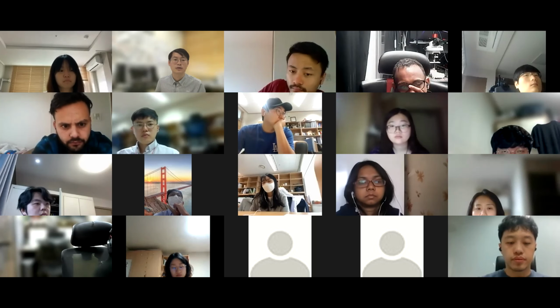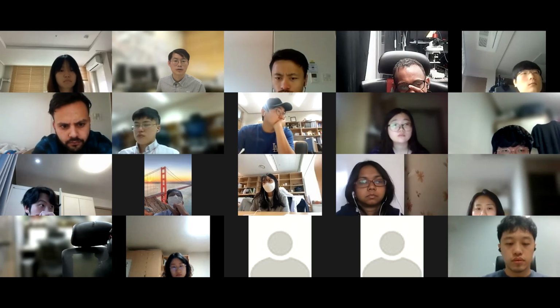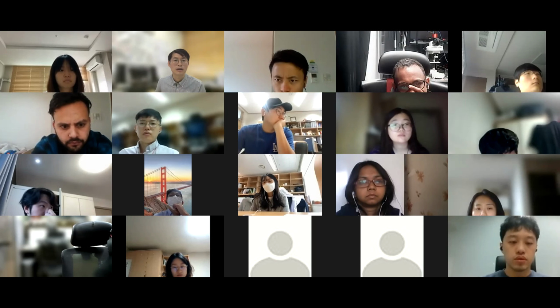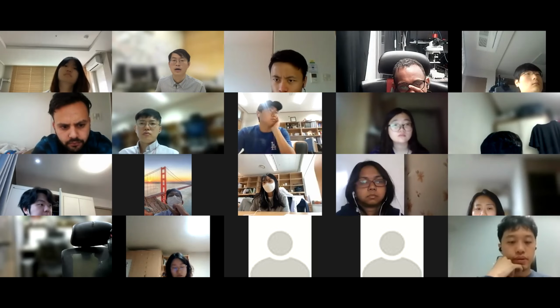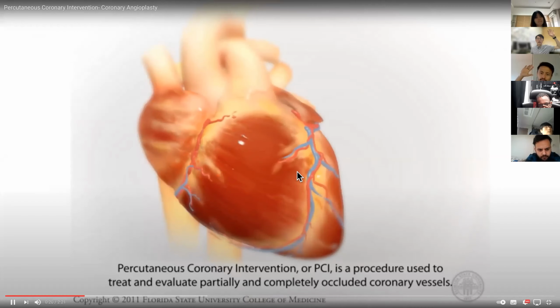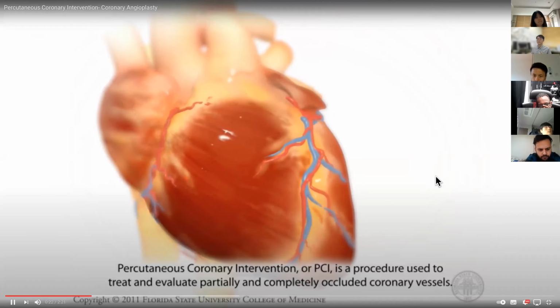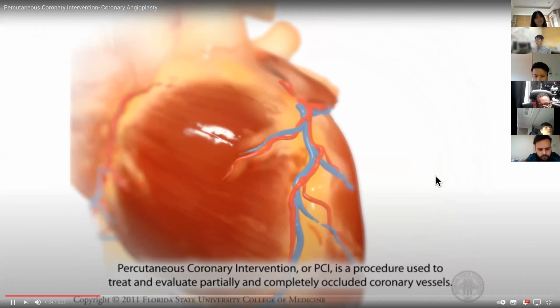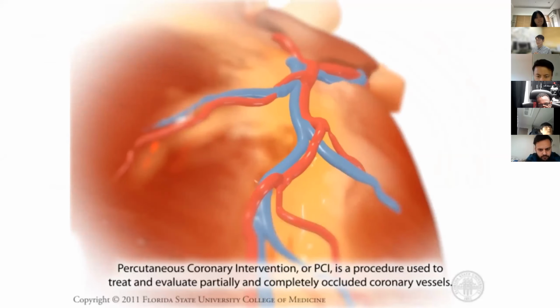Coronary artery disease is narrowing of the coronary arteries secondary to several risk factors, some of which are cigarette smoking, hypertension, hyperlipidemia. Can you see? Percutaneous coronary intervention, or PCI, is a procedure used to treat and evaluate completely occluded coronary vessels.